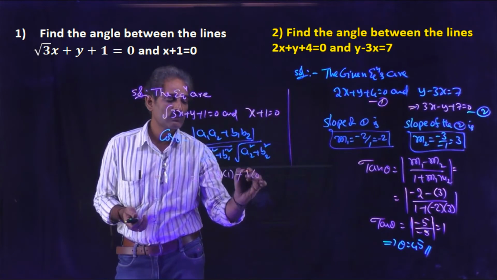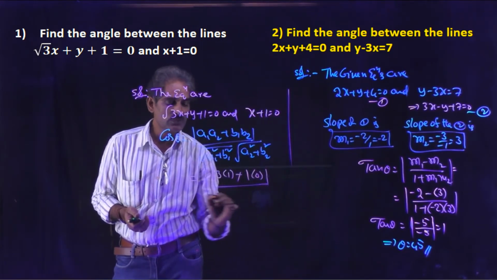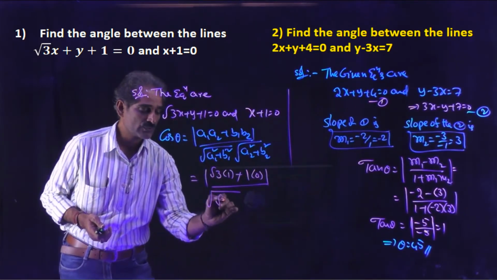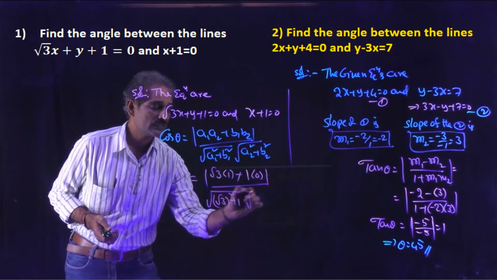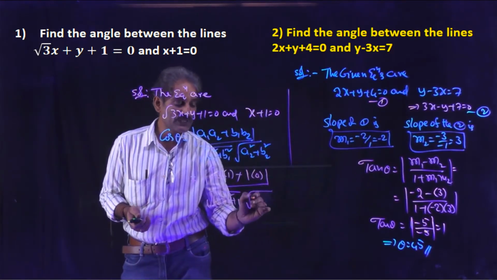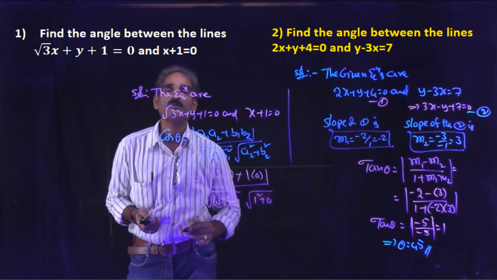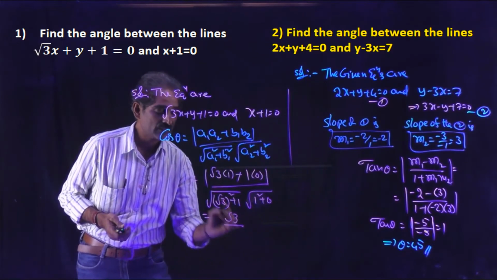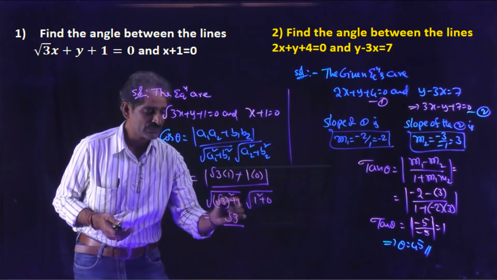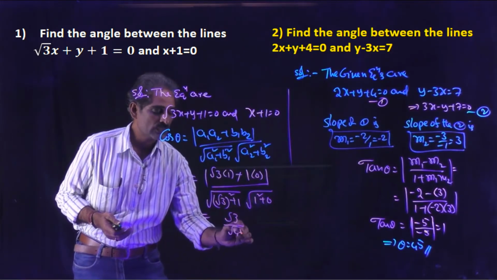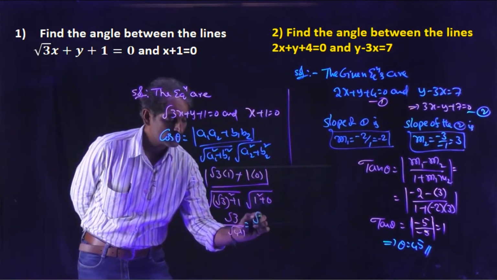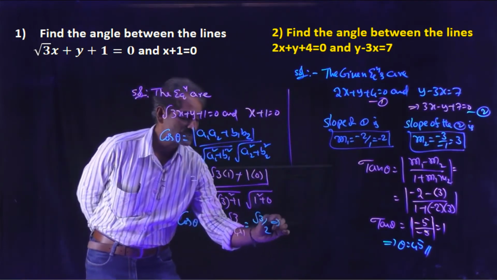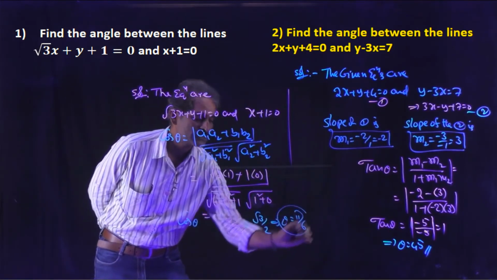So cos theta is root 3 into 1 plus 0, by square root of (root 3 whole square plus 1) into square root of (1 plus 0). That is root 3 by root 4 into 1, which is root 3 by 2. Cos theta is equal to root 3 by 2. From this, theta is equal to pi by 6, or 30 degrees.